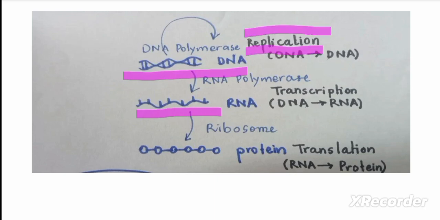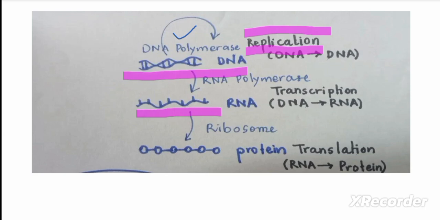replicates, it makes copies of itself with the help of DNA polymerase enzyme. This DNA polymerase enzyme adds the nucleotides in the strand, and this is how the existing DNA molecule makes copies and forms new DNA molecules.